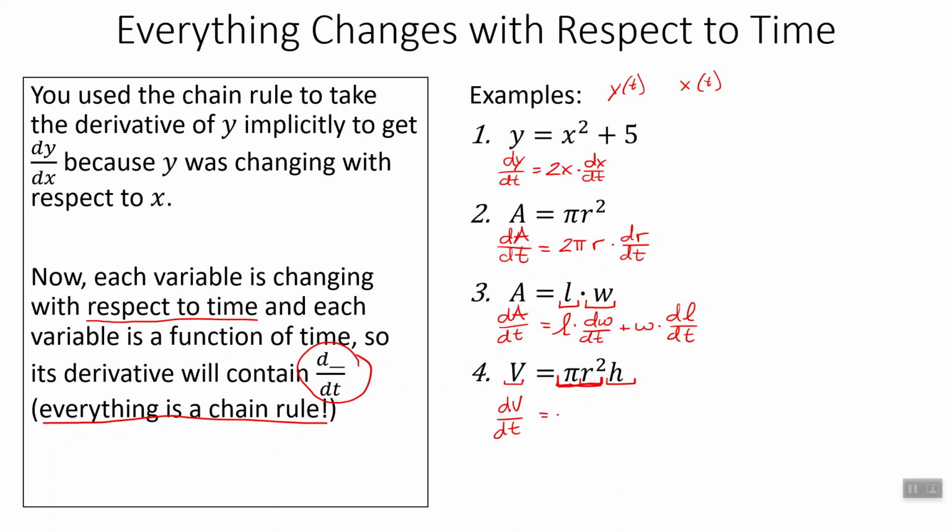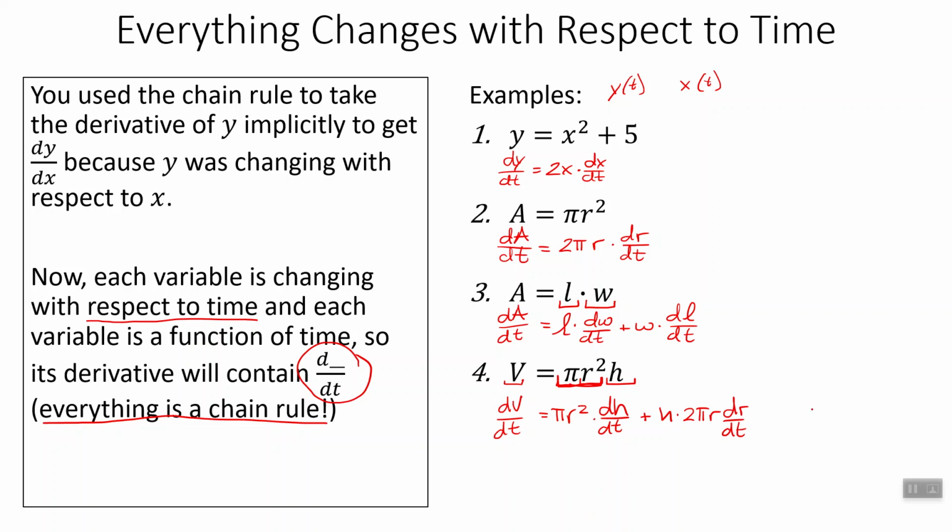So it's the first, which is just pi r squared, times the derivative of h. H is changing with respect to time, so its derivative is dh/dt, plus the second, h, times the derivative of the first. So the pi stays, we bring down the 2. It's going to be the same thing as up here. We're going to get 2 pi r times dr/dt, just like that.